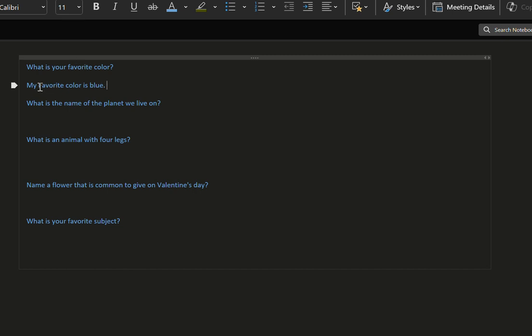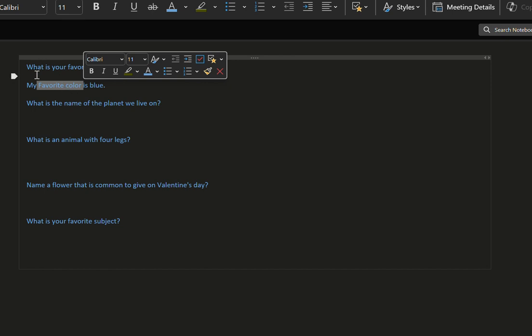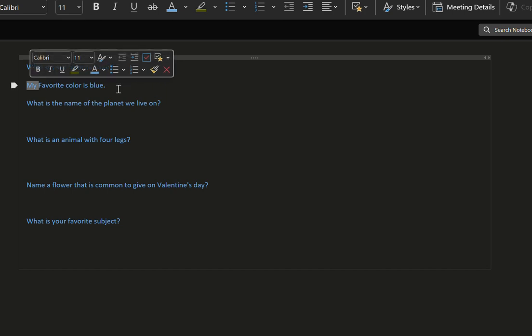Okay, so see, we took the most important part of the question, which is favorite color, because that's what it's asking. So we put favorite color in the answer instead of just saying like blue. We specify what it is, and then obviously my is just here to provide a subject, important for a complete sentence.